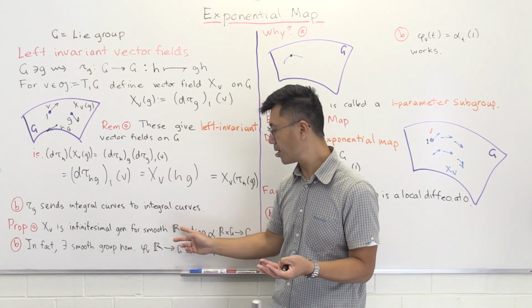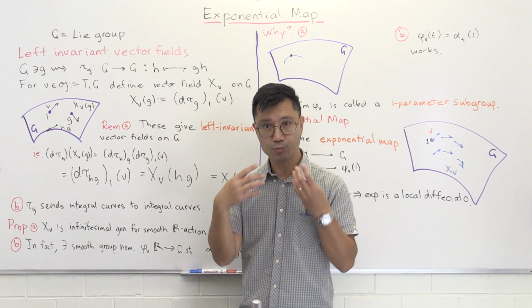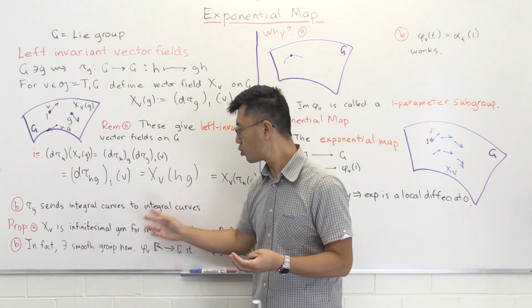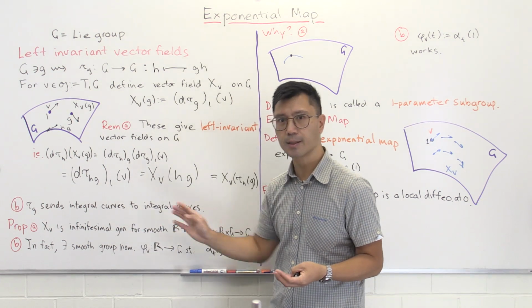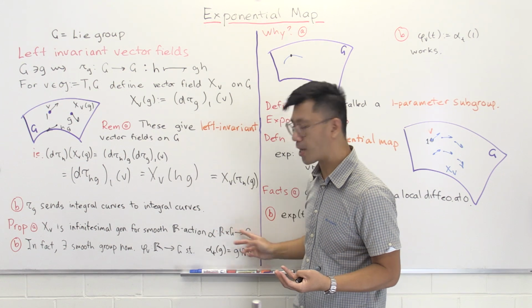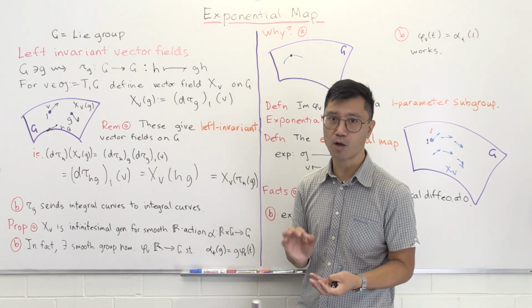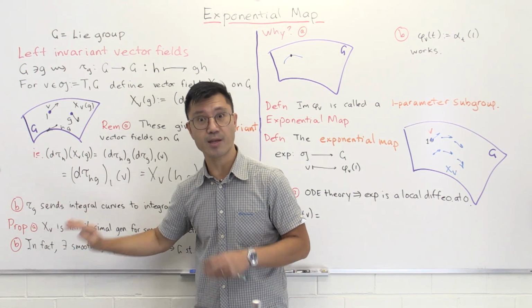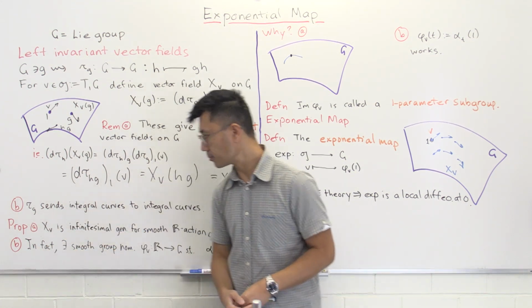Okay, you may not be able to get the whole of the real numbers to act. And the reason why is that when you set up this correspondence, you need to know that integral curves exist for all times for this to happen. So it may be that integral curves don't exist for all time, but in this particular case, these are super nice and they do exist for all time.